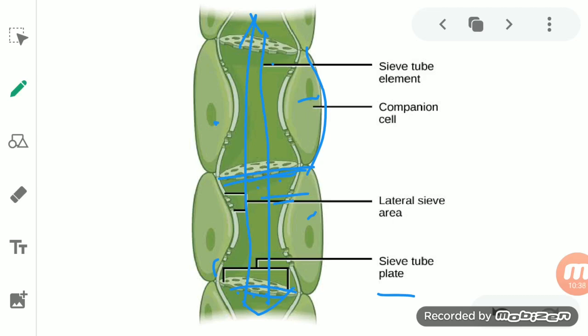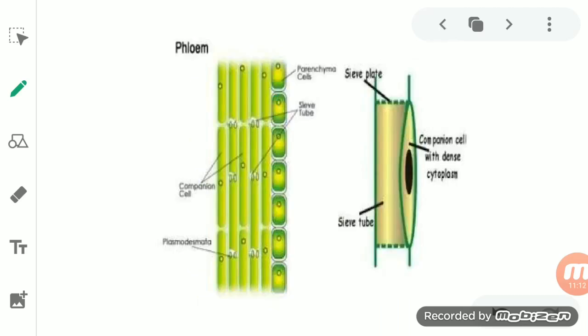That is why the sieve tube is more evolved, and thus it is found in the angiosperms. The sieve cells are found in the gymnosperms because they are not as evolved as the sieve tubes. Transportation of food occurs efficiently in the case of sieve tubes, that is why they are present in the angiosperms. So this is the sieve tube and the sieve plate.